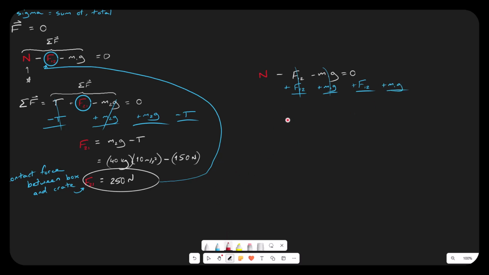And I get, on the left side, I'm left with N. On the right side, I get F12 plus M1G. So I get 250 newtons plus 50 kilograms times 10 meters per second squared. 50 times 10 is 500 plus 250 is 750 newtons. That is my normal force. That is what my scale reads out. That's it.